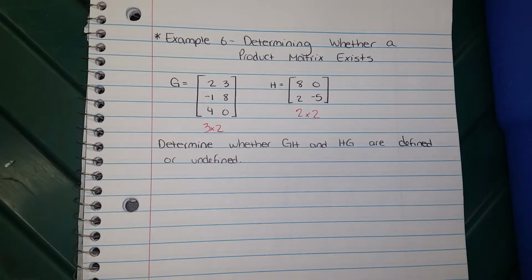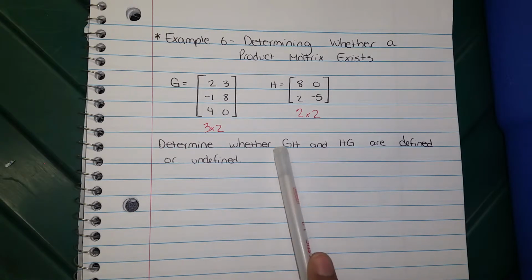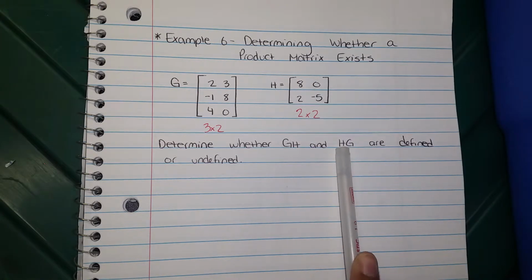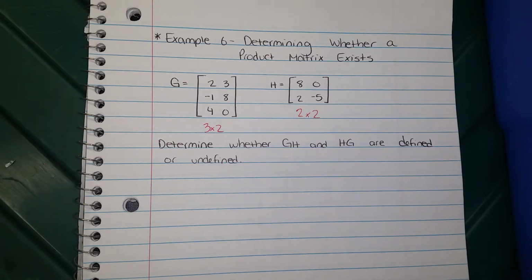Defined meaning I am able to multiply. Undefined meaning I am not able to multiply these matrices. And like I mentioned, what determines whether it is defined or undefined? What determines whether I can multiply them or not? If the number of columns in matrix A, meaning my first matrix, and here it's G and here it's H, match the number of rows in my second matrix.